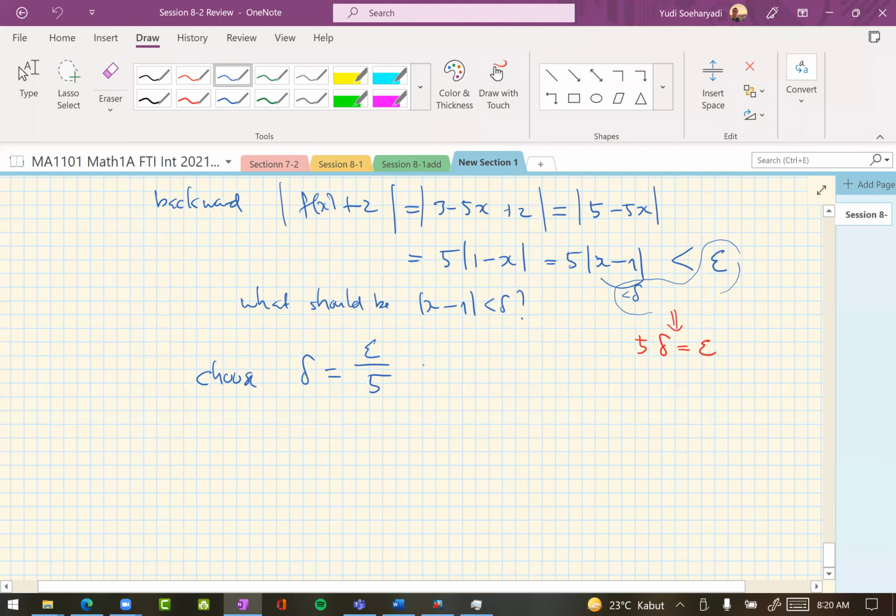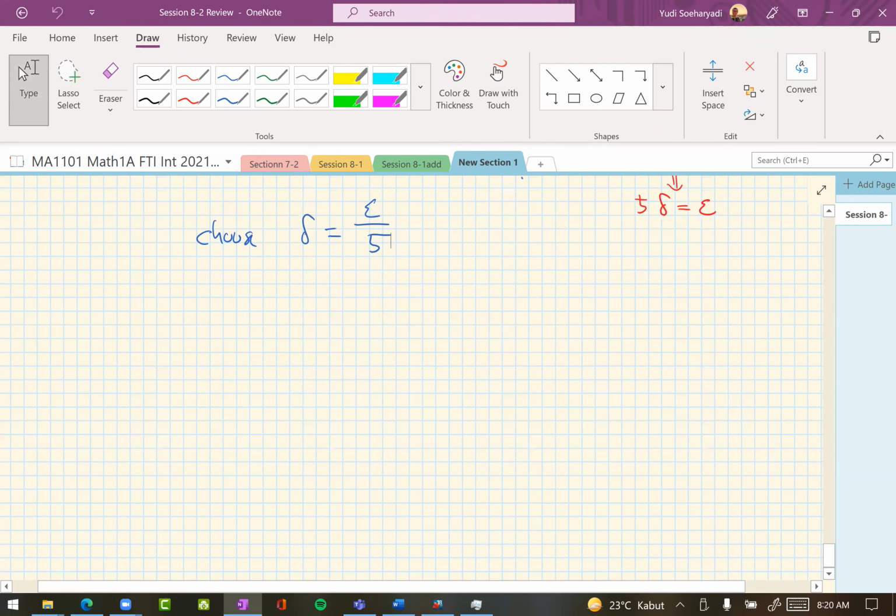In this case, this makes sense if you look at this picture. This is the slope 5 at 1. Say this is 1. This is 5.